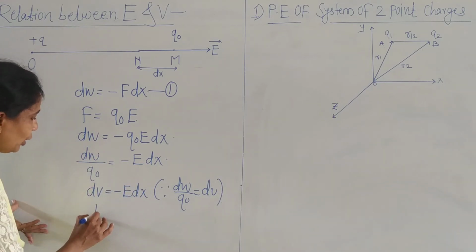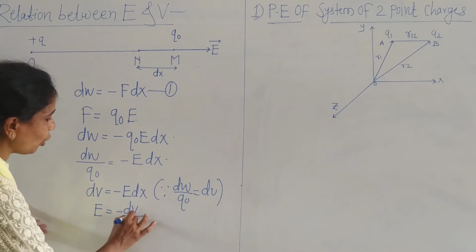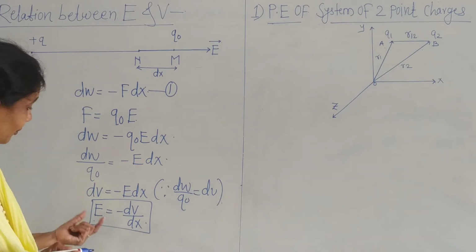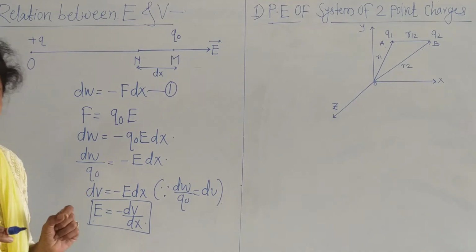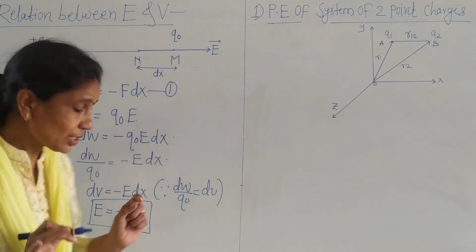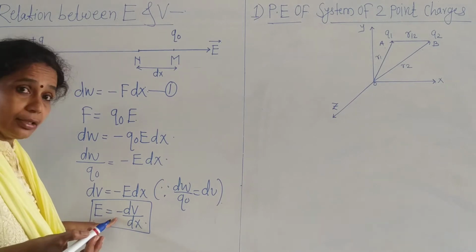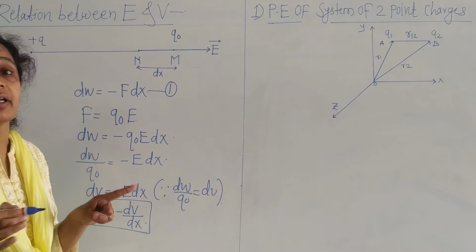Then what is the value of E? E is equal to minus dV upon dx. This is the relation between electric field and electric potential. From this equation we can say that the electric field at that point is the negative of the potential gradient.